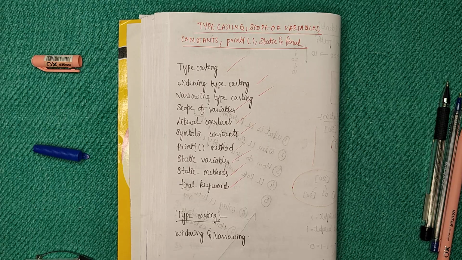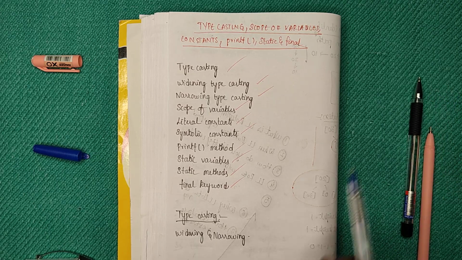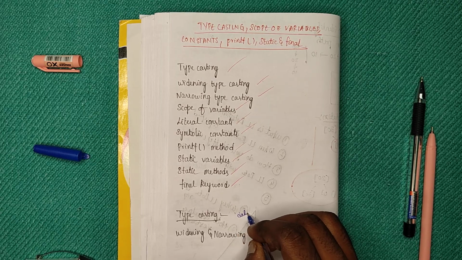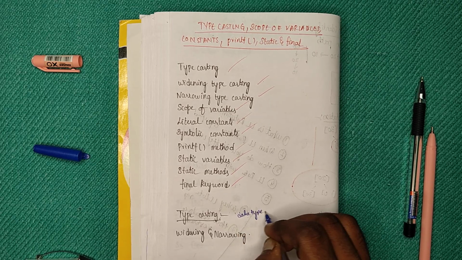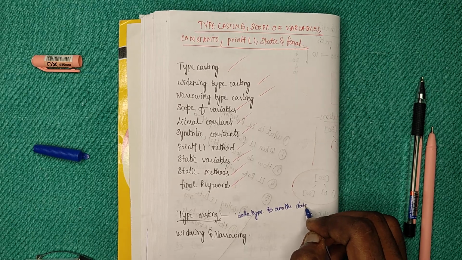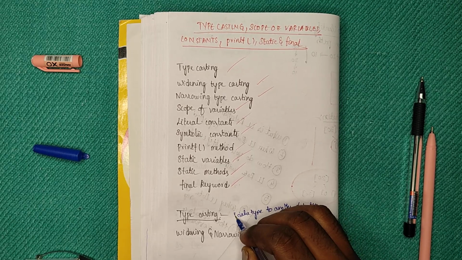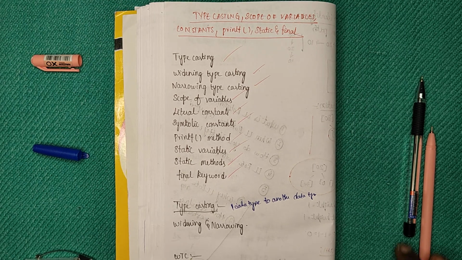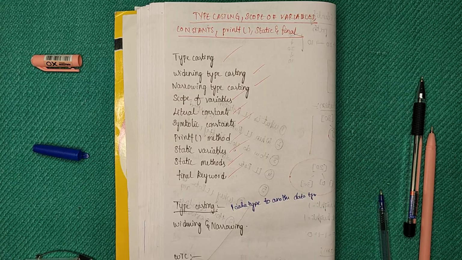So now typecasting. What is typecasting? Typecasting is the process of converting one data type into another data type. As a real life example, you have a 1 liter bottle.